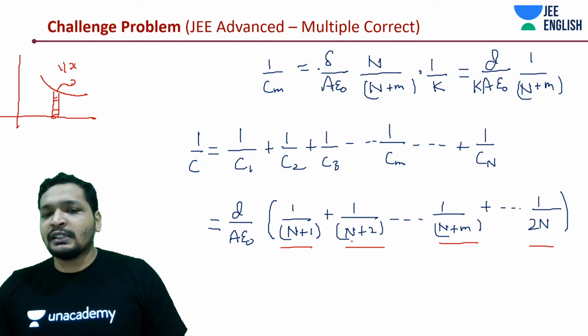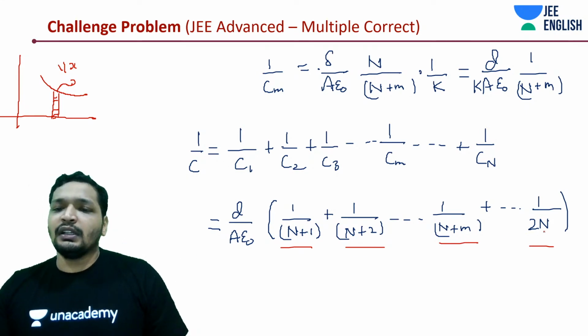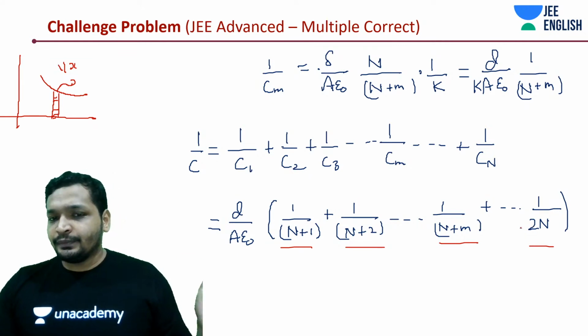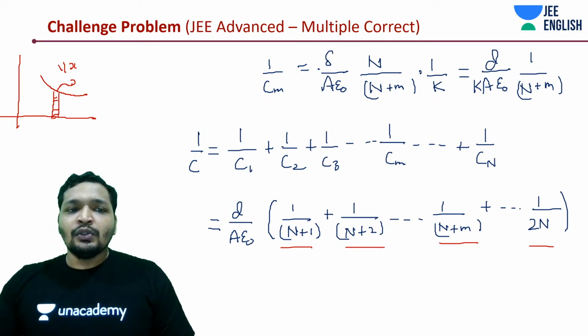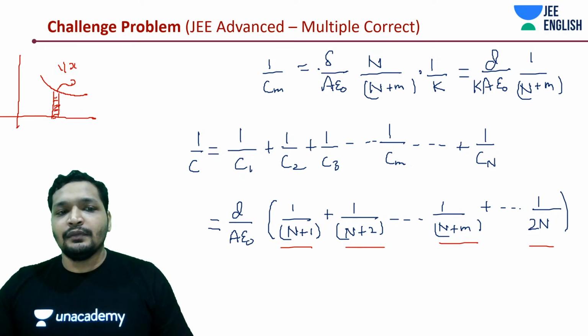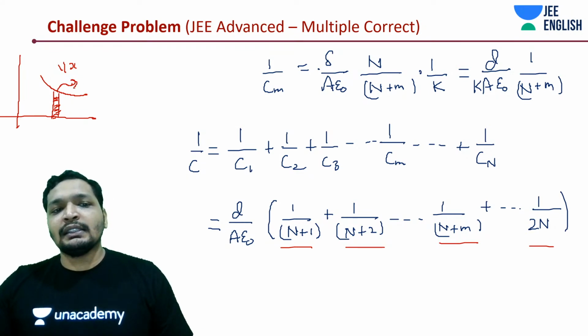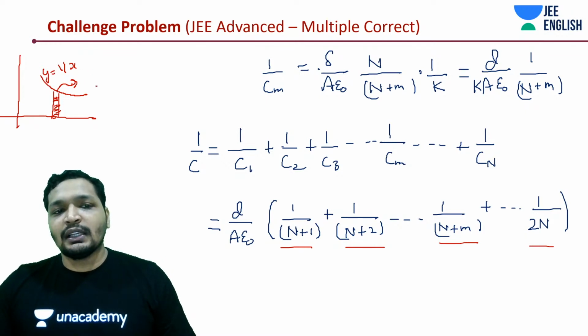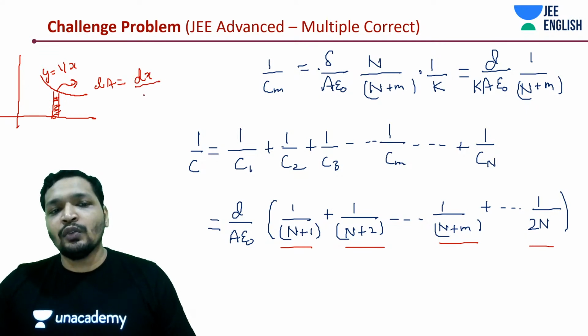Then you would observe this is x plus 1, x plus 2, x plus 3, so on till x plus n. But this thing is also the area under this curve. If y is equal to 1 by x, what is dA? dA is dx into 1 by x.